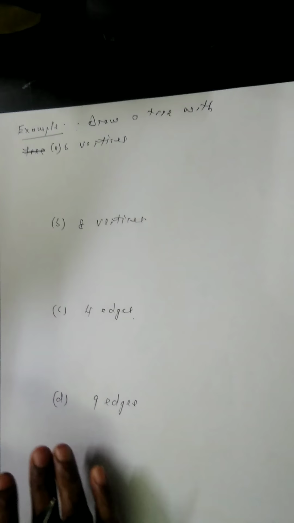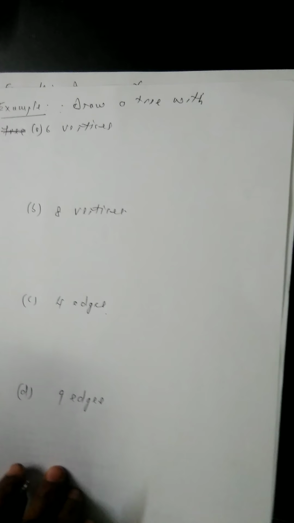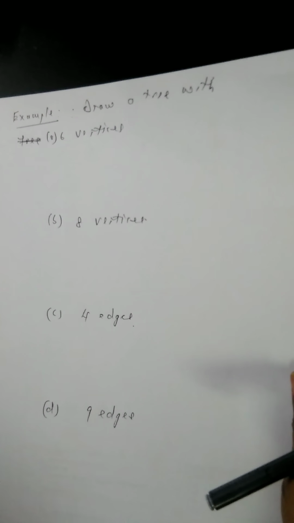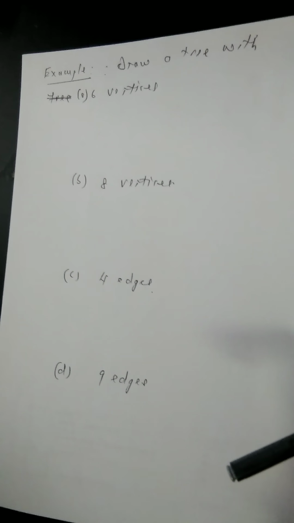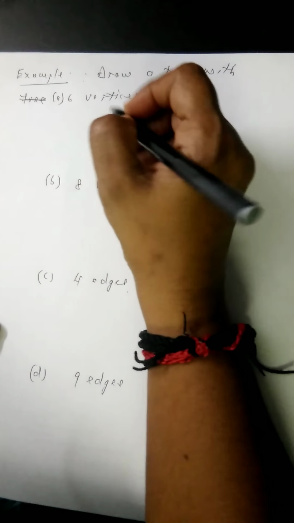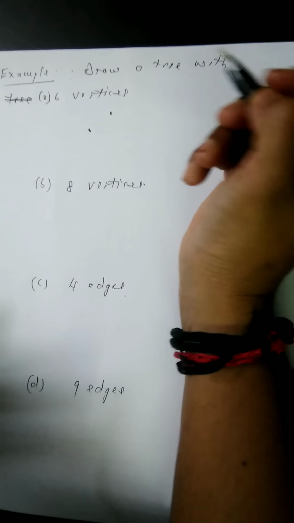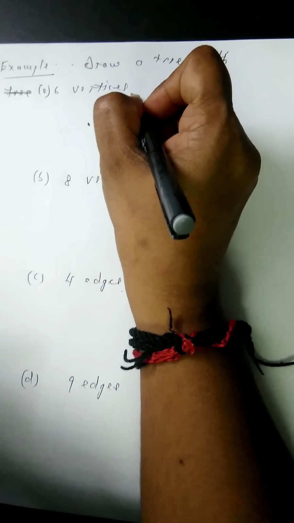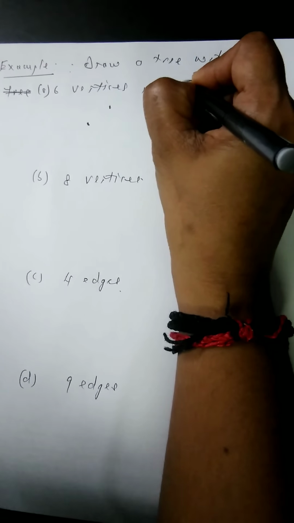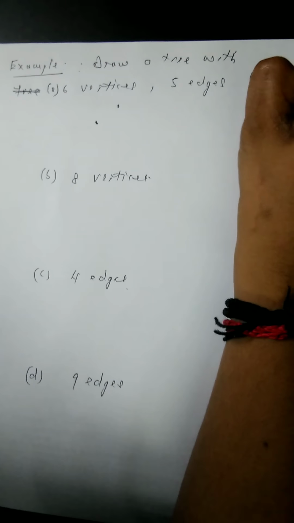Okay, so move on to the next part. It's a simple example. Now, the question is, draw a tree with 6 vertices. It's just trial and error. If you have 6 vertices, I should only have 5 edges, because the formula is n minus 1.